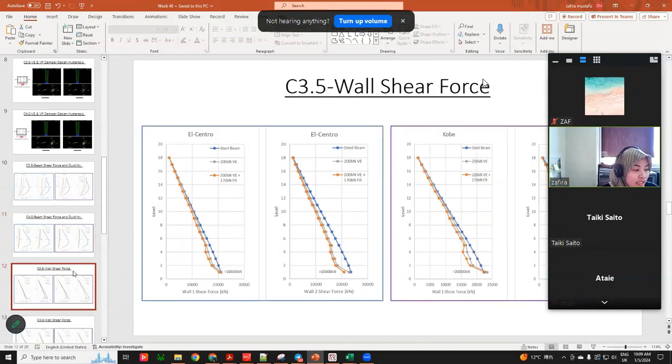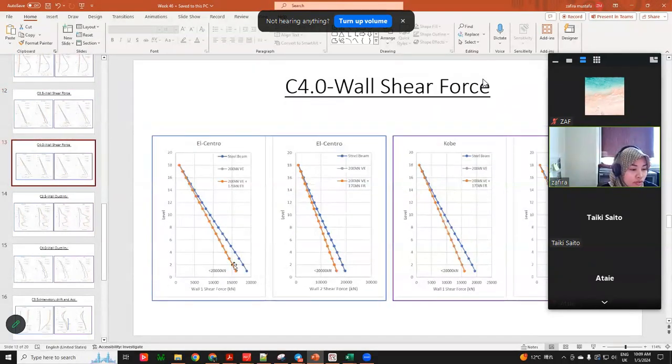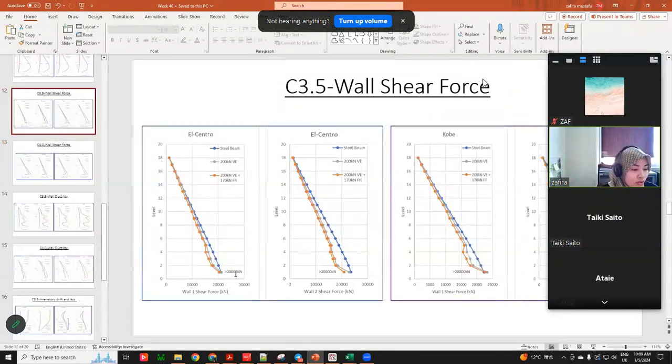And then we can see at the wall, the shear wall, the performance of viscoelastic plus friction is better. And if you use the shorter beam, it performs better. So if you can see here, the shear at the wall is less than 20,000 kilonewton, but this one is slightly over 20,000 kilonewton.